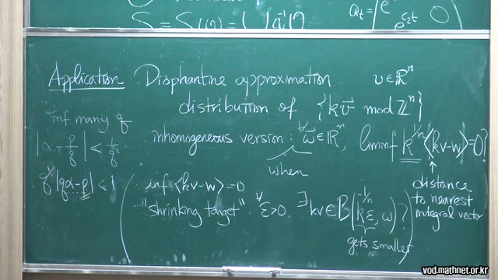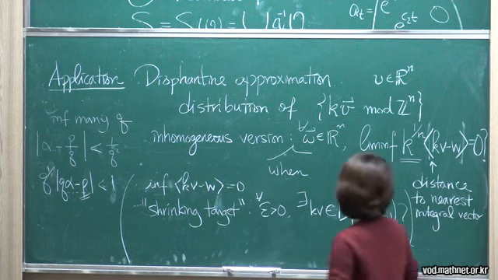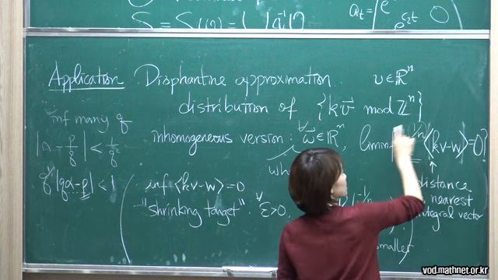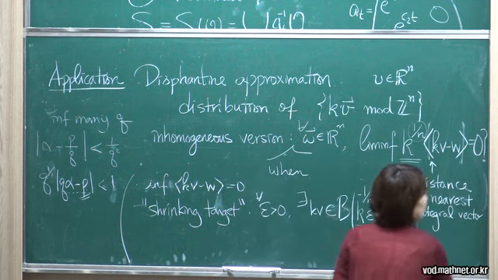Why 1 over n here? Because that's the most natural question.